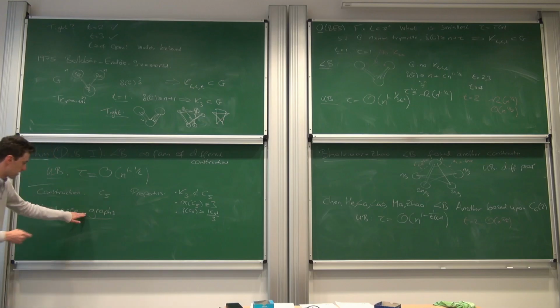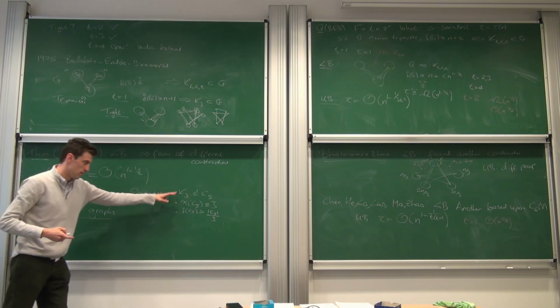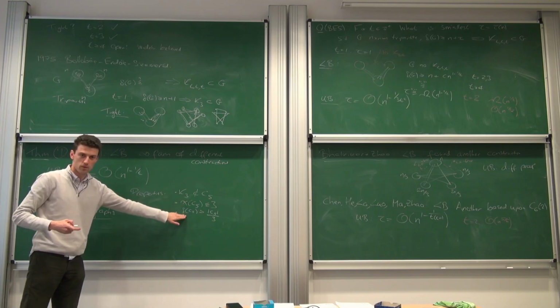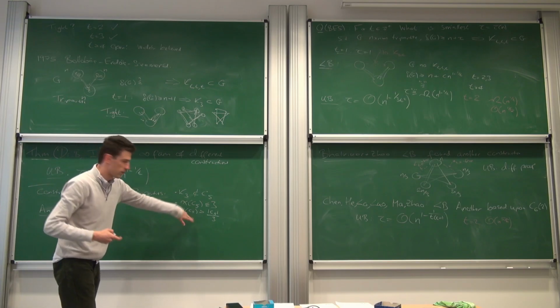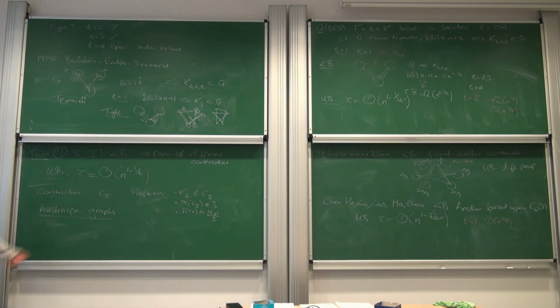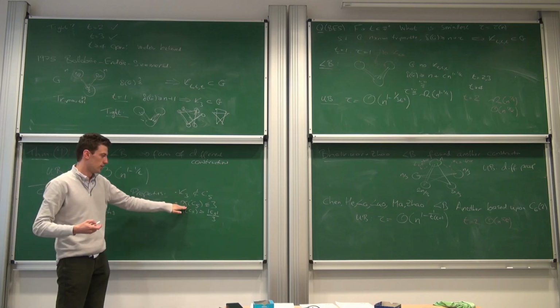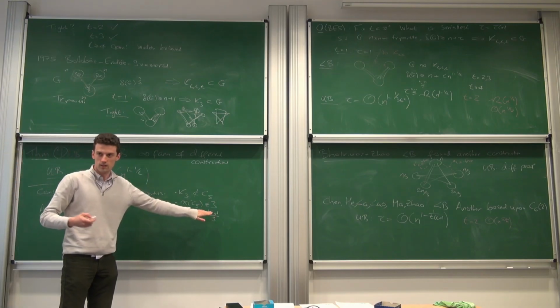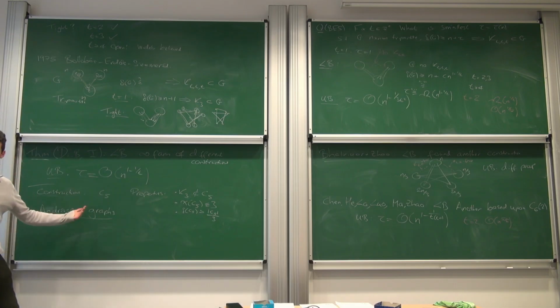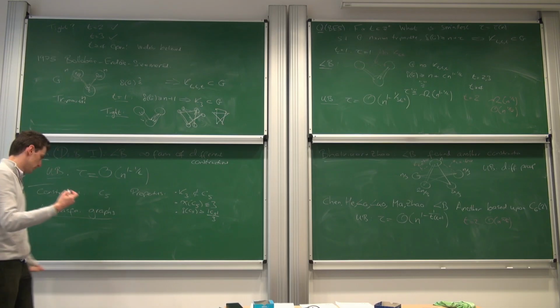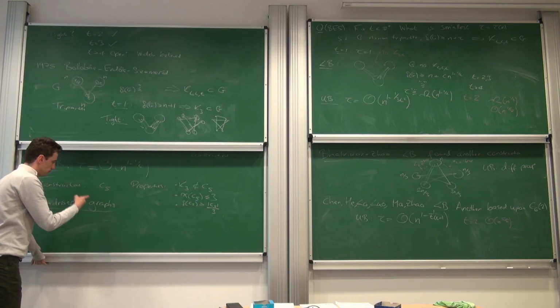Let me say again, these graphs have no triangle, they're 3-colorable, and they have this minimum degree. So their minimum degree is more than 1/3 the number of vertices. And it's actually a theorem of Chen, Jin, and Koh from the mid-90s. These are the unique graphs with this property. So any graph with no triangle, 3-colorable, and this minimum degree is a subgraph of a blow-up of one of these. So it's homomorphic to one of these. So this is a very nice theorem.